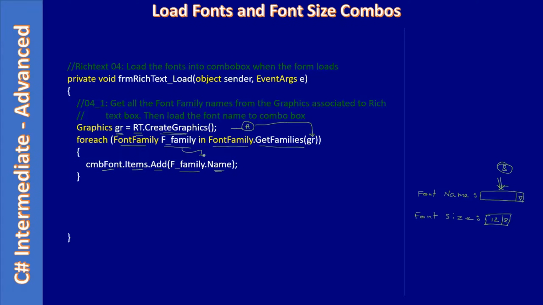So from here we are retrieving the name and we are passing that to our combo box instance B. So this is B, we are getting item collection, we are adding it.